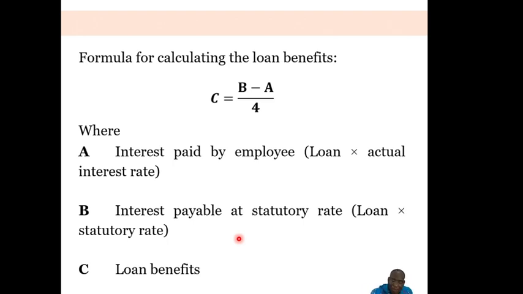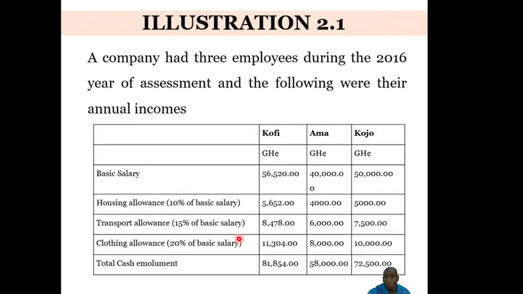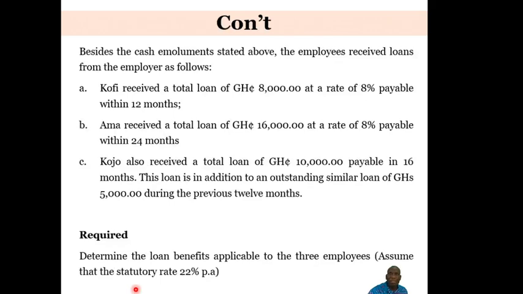So let me give you an example. We have some examples here. A company had 3 employees during the 2016 year of assessment, and the following were their annual incomes: base salary, housing allowance, 10% of the base salary, transport allowance, employee allowance, total cash emolument. Besides the cash emolument stated above, the employees receive loans from the employer as follows.